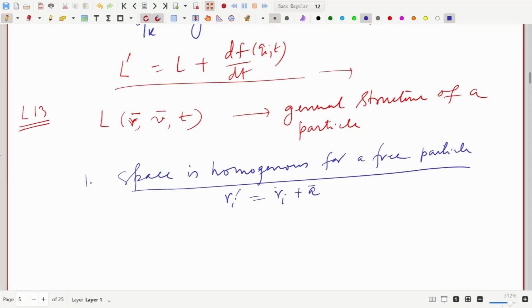This is called space is homogeneous for a free particle. So this indicates that the Lagrangian for a free particle cannot depend on the position. So del L del r should be 0 for a free particle.